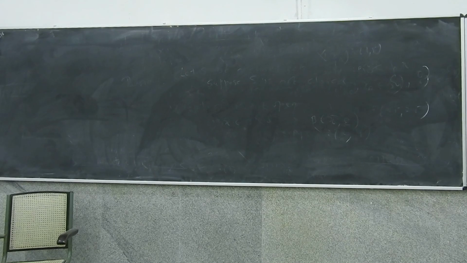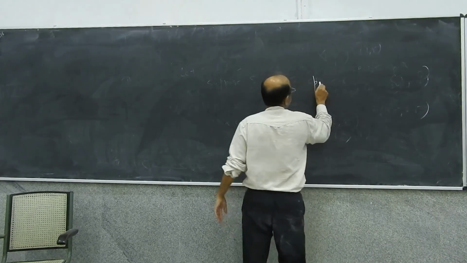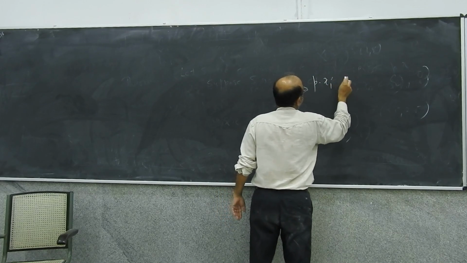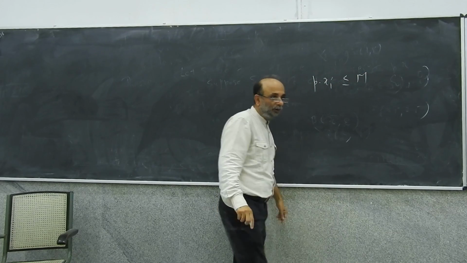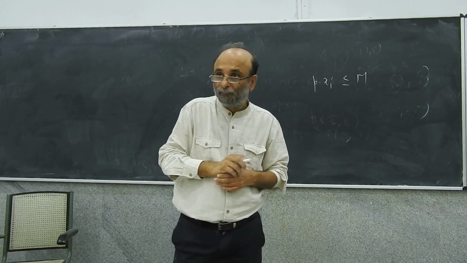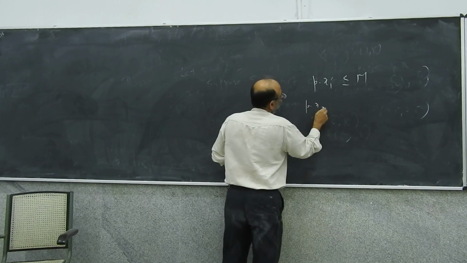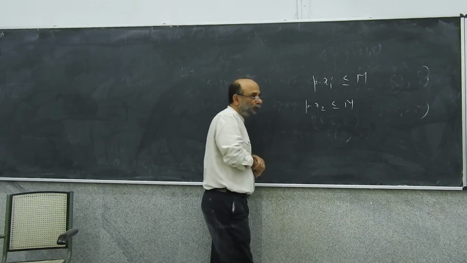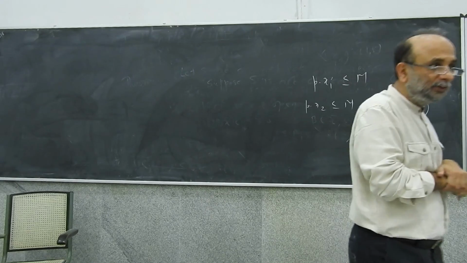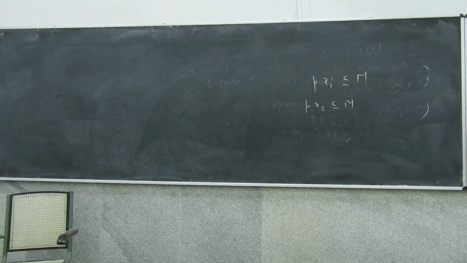Right? Can you formally prove that to me? So if you have P dot x1 less than or equal to M, and P dot x2 less than or equal to M. So x1 and x2 are two consumption bundles which are affordable. Can you prove to me that any linear combination of x1 and x2 will also be affordable?